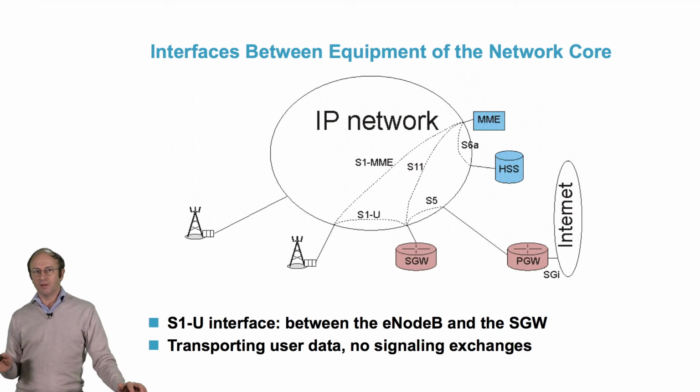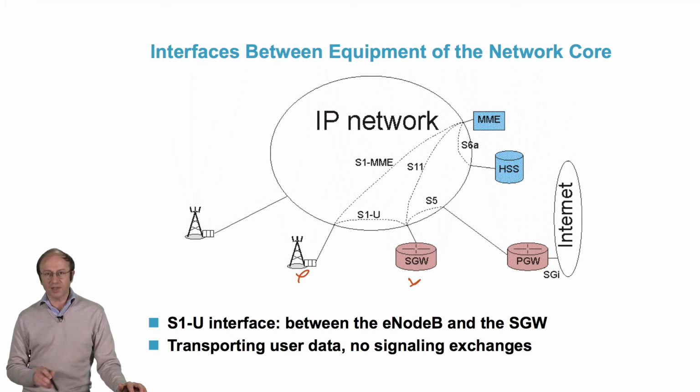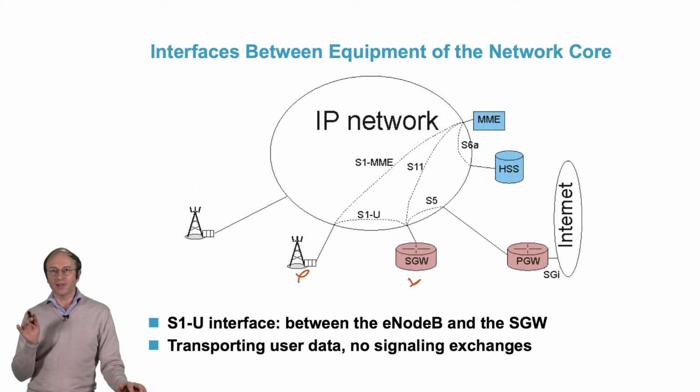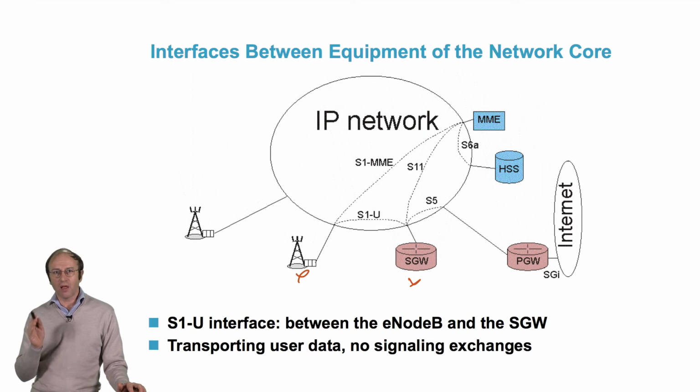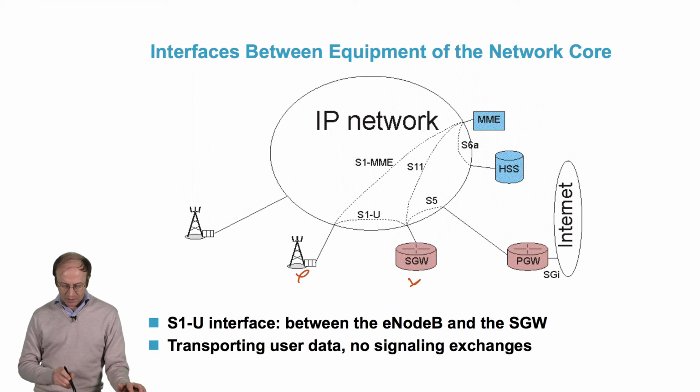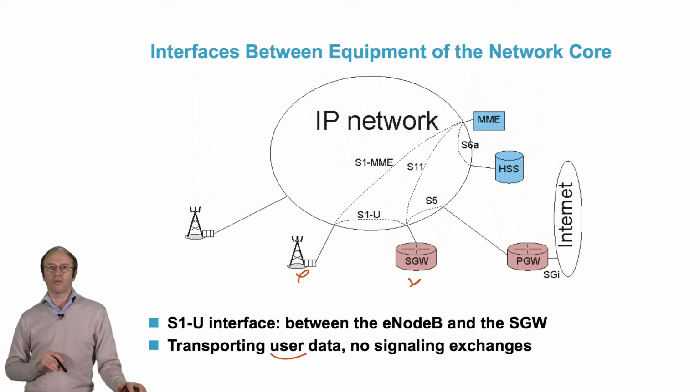Between the eNodeB and the S gateway, we have the S1-U interface. Here, it's only for transporting user data. There is no exchange of signaling.